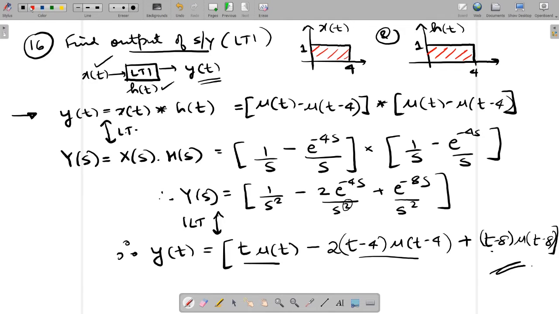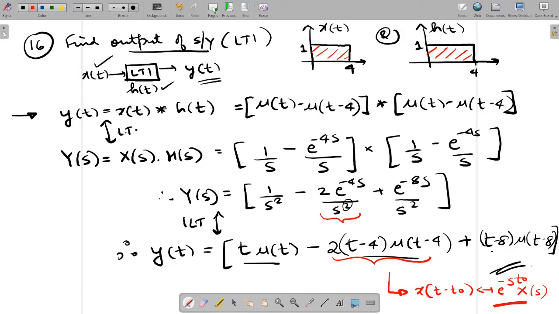Alright, how have we done this? This is by the property that we have used, that is x of t minus t naught Laplace is e raised to minus s t naught capital X of s. Okay, you can go and check by the sums for this. Quite simple.